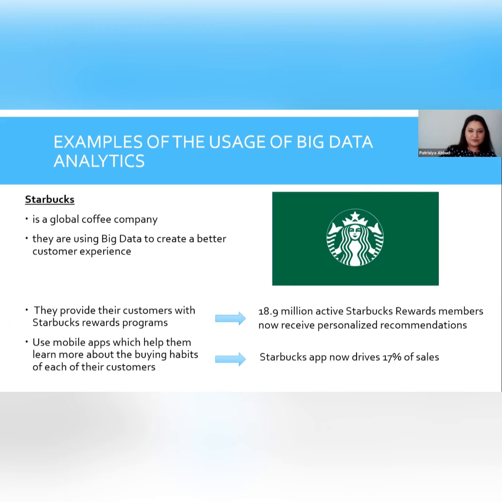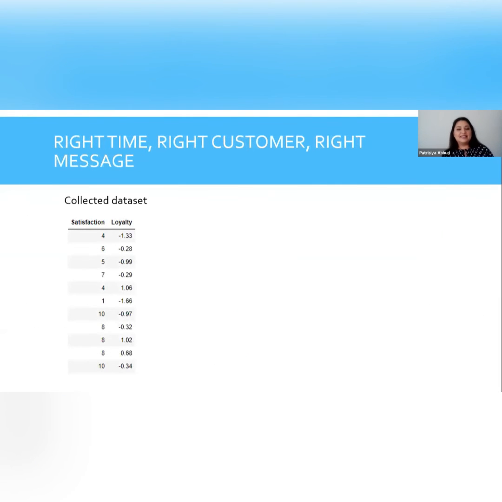So let's say that we are now working for Starbucks. We performed some surveys and collected information about our clients. Let's take a look at this part of the data set.